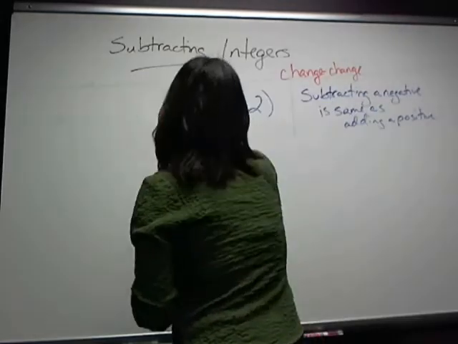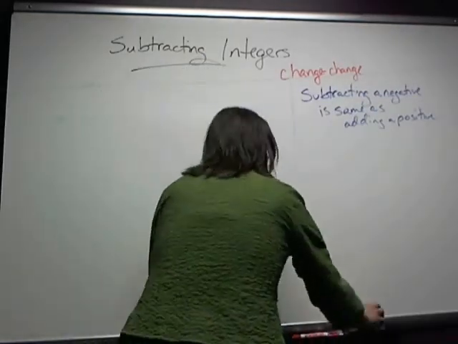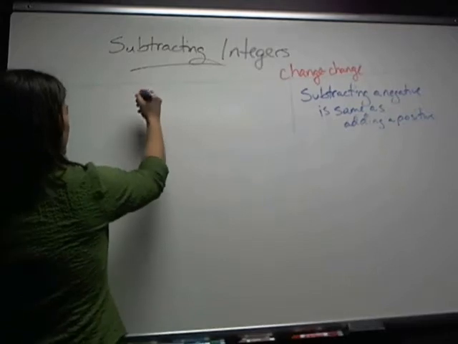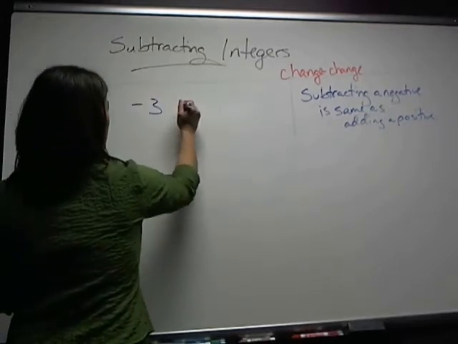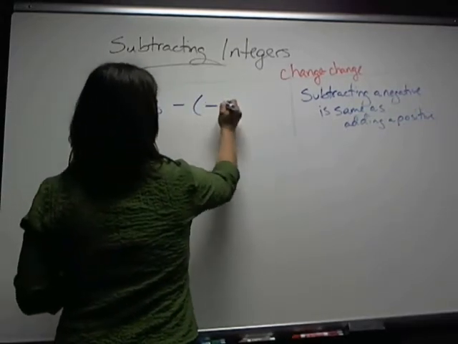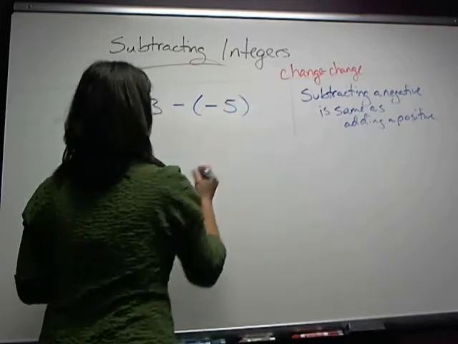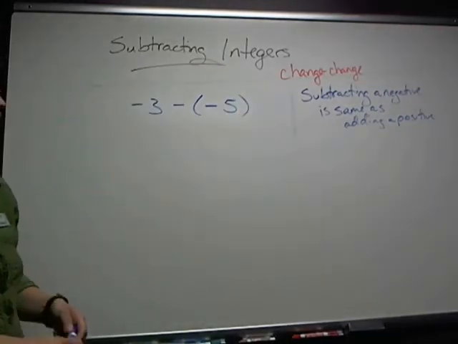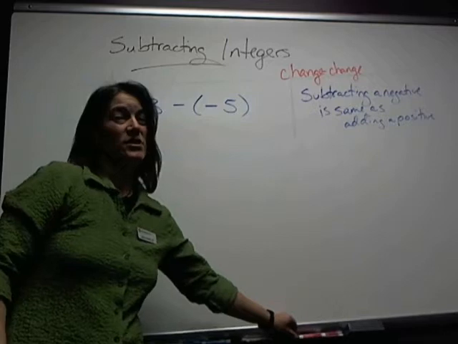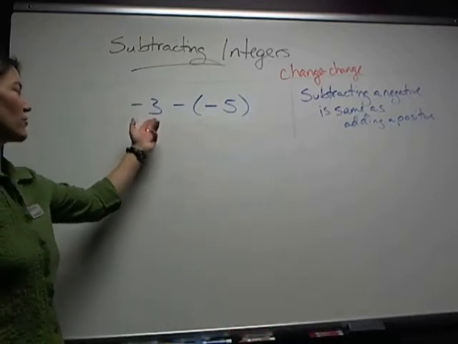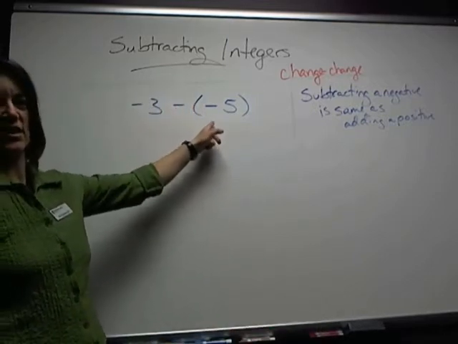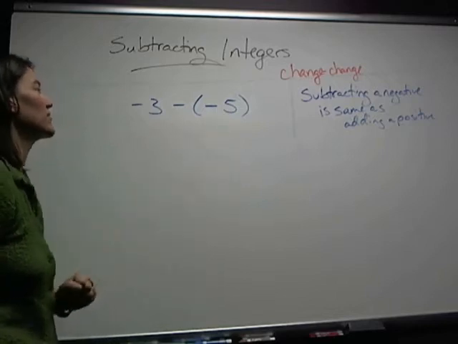Let's do another one of those. So what if I had -3 minus a -5? So my first number is negative. I have a -3. I am subtracting, and the type of number I'm subtracting is negative.